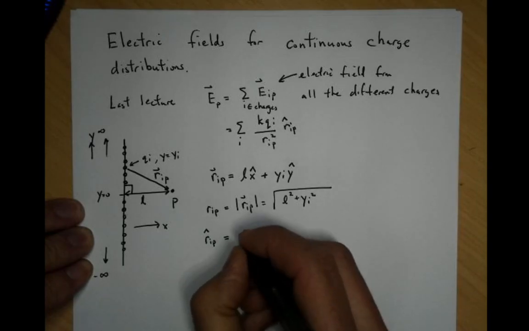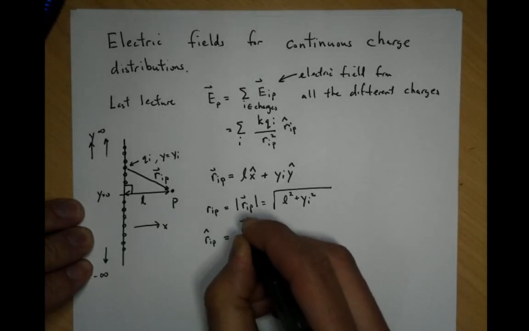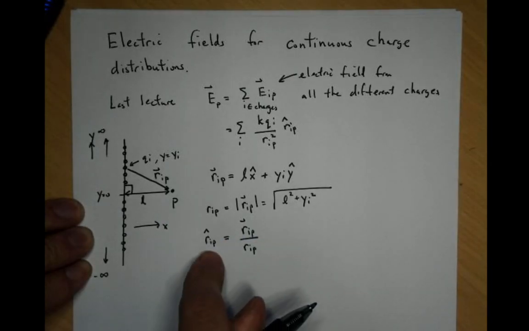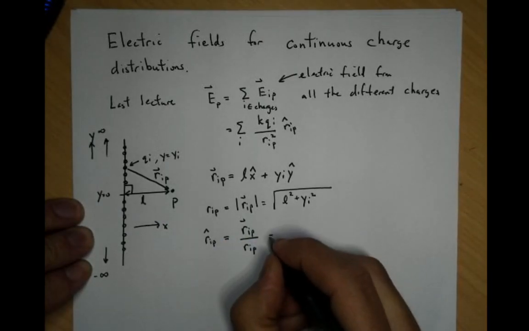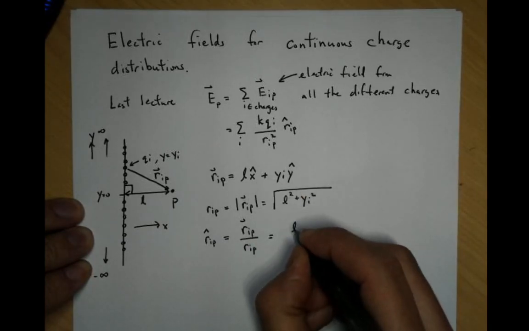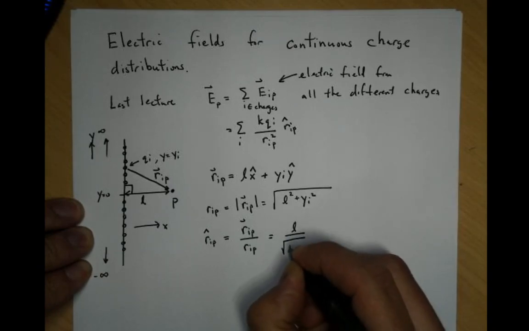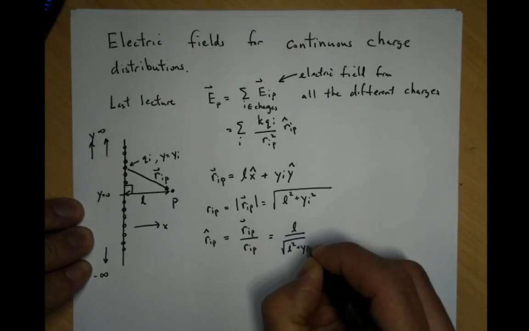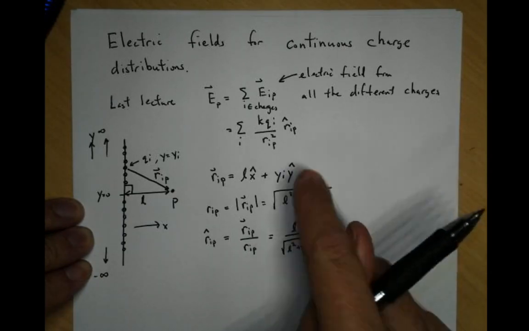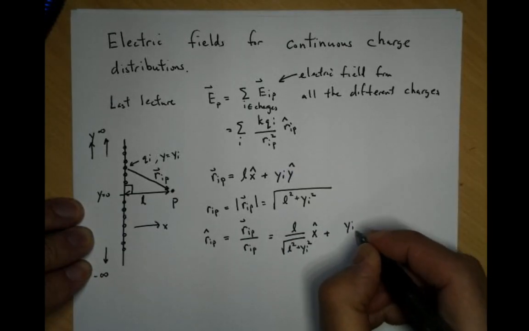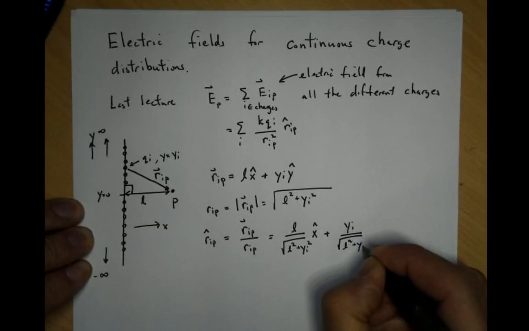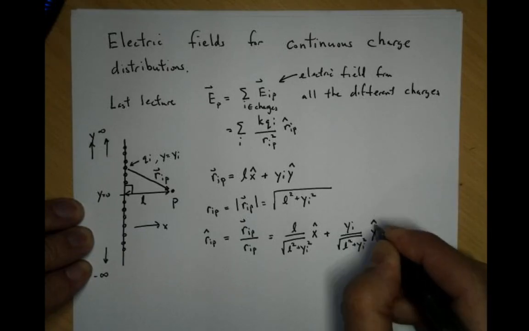That's just r_iP vector divided by the distance, because I have to make sure the norm of this is equal to 1. So it's just L over the square root of L squared plus y sub i squared in the x hat direction, plus y sub i over the square root of L squared plus y sub i squared in the y hat direction.